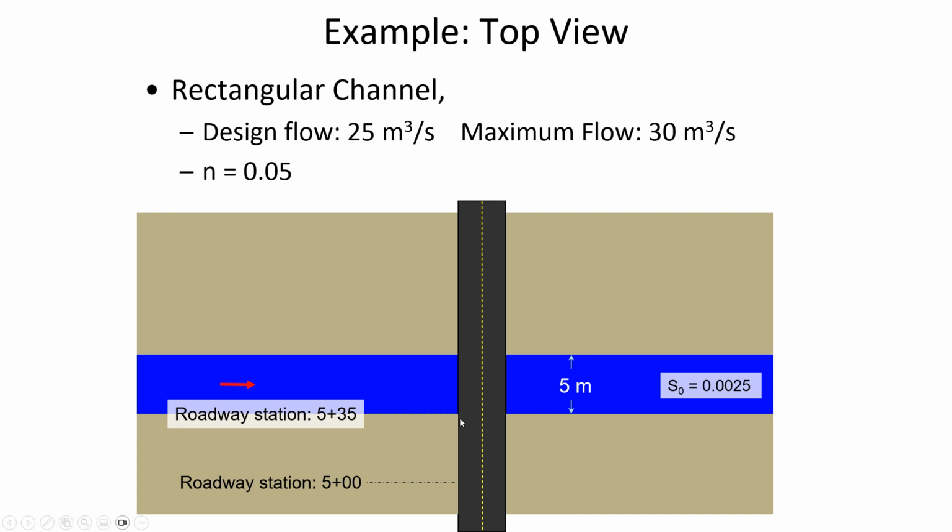We also have to tell it the crest length. Let me try and help you visualize that. If water is rising upstream, rising and rising, it's going to get to a certain height where it flows over the top of the road. It's creatively described as overtopping, when the water goes over the top of the road.